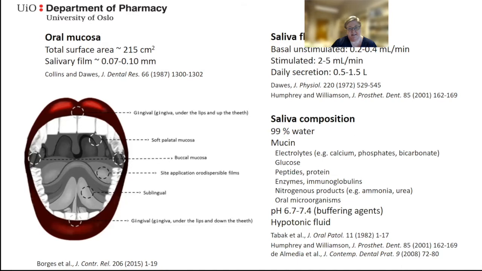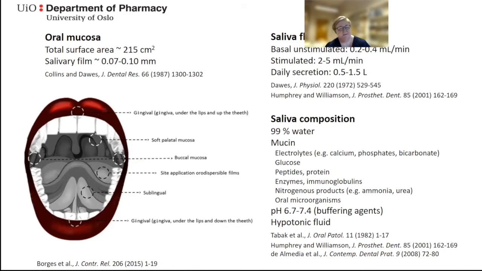The composition of saliva is mostly water. Then mucin is a very important component. Then there are different types of electrolytes, glucose, peptides, proteins, also present as enzymes and immunoglobulins.